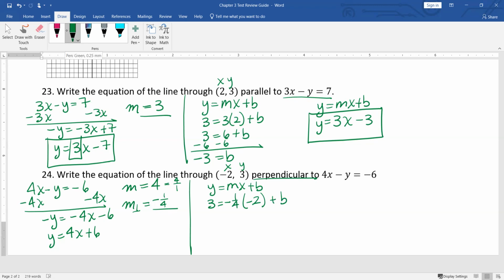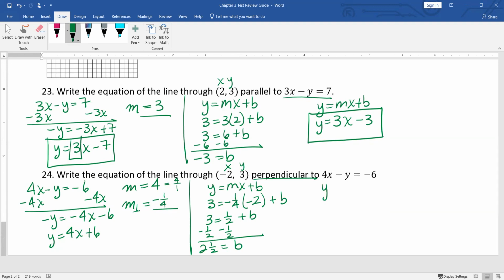So negative 1/4 times negative 2 gives me a positive 1/2 plus b. When I subtract 1/2 from both sides, I get 2.5 as my y-intercept. I'm going to convert that to an improper fraction, but you can leave it that way if you want.